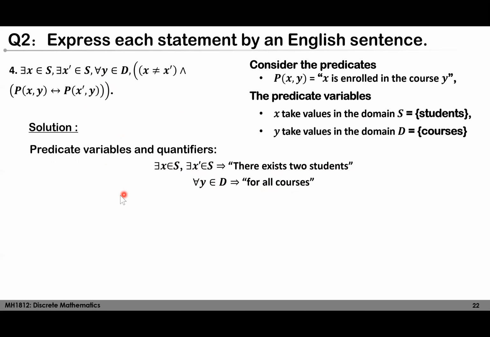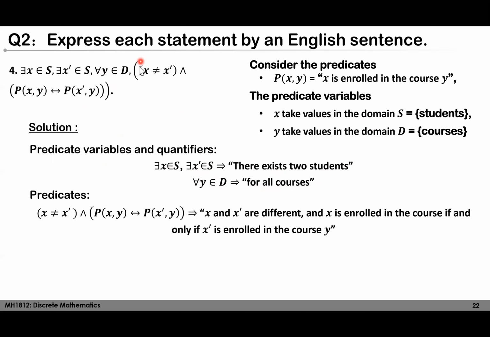And the predicate is a conjunction. The first translates to x and x prime are different, distinct students. And this if and only if proposition is translated into x is involved in the course y if and only if x prime is involved in the course y.